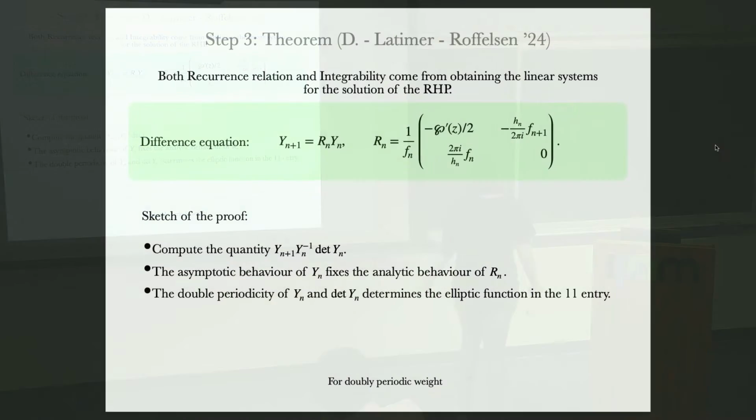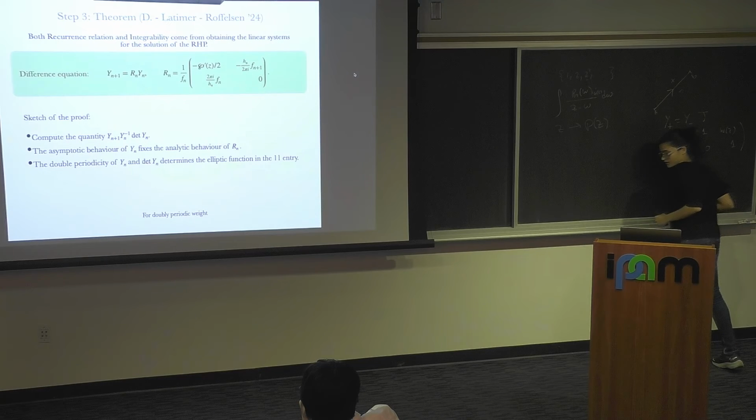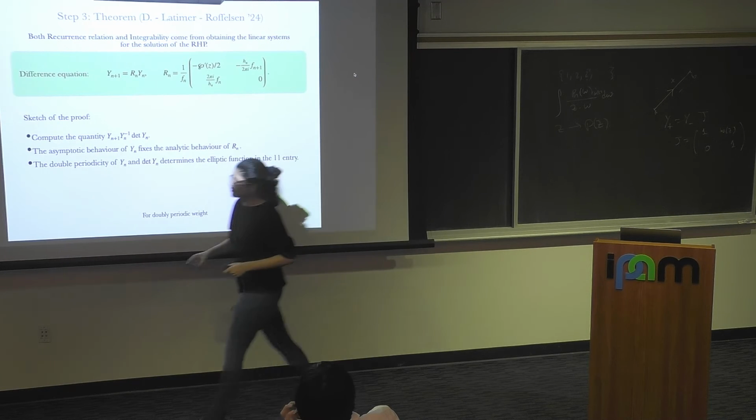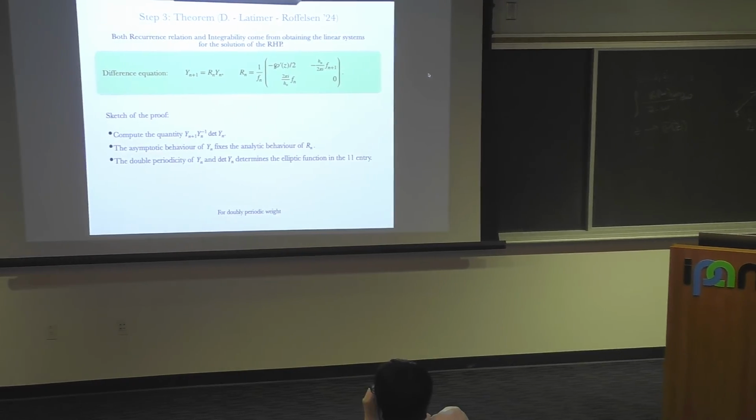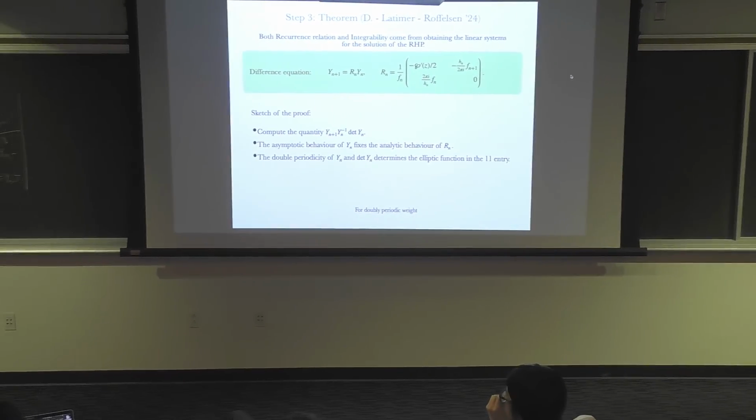Okay, so as I said, the recurrence relation can be just defined, but I'll go through Riemann-Hilbert analysis. The first result is that we have this Y_n, which is, maybe I should write it down. Is this visible? Okay.